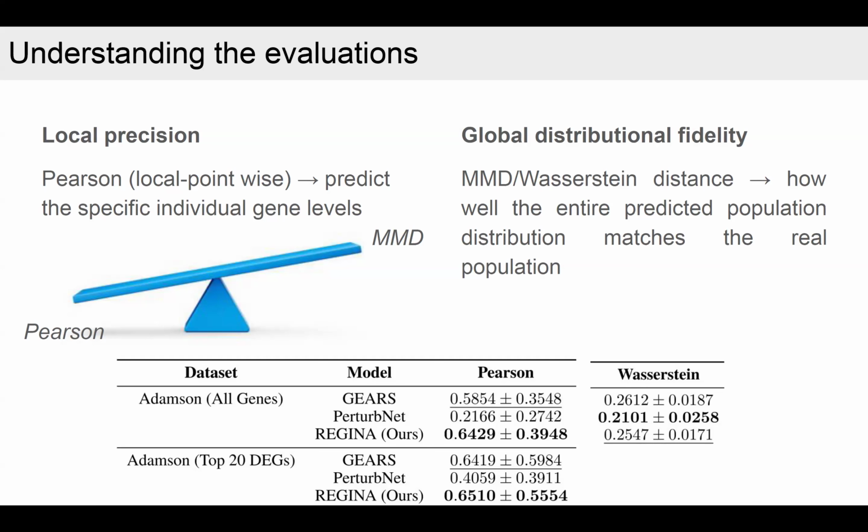And it can be tricky because a model can learn to predict a certain mean, but the distribution's shape is completely different. So this is why it's necessary to use a global metric like MMD or Wasserstein distance.